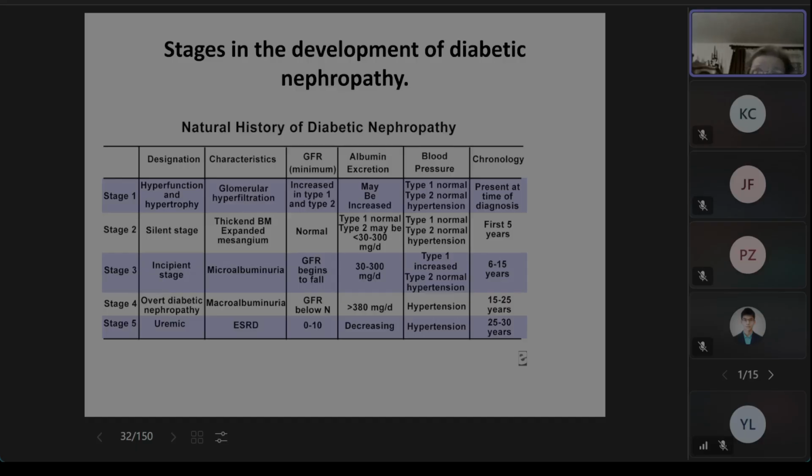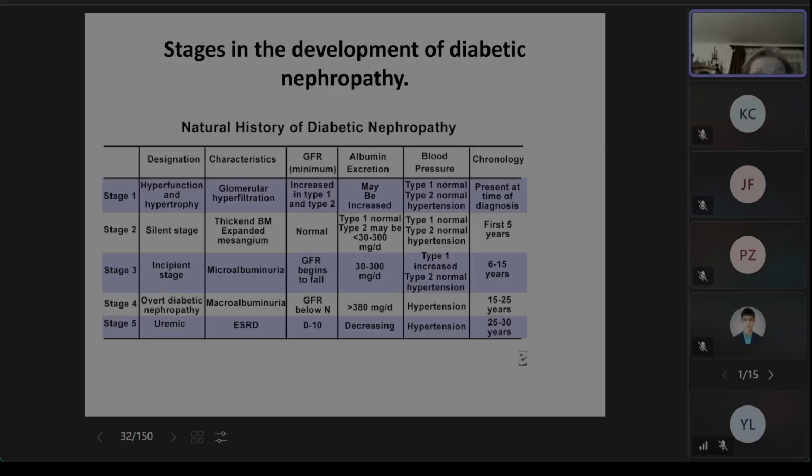Sometimes we can observe albuminuria, but it is microalbuminuria, and this albuminuria is reversible. If you give the patient ACE inhibitors or sartans, you can reverse the microalbuminuria almost completely or even completely, whilst overt proteinuria can't be reversed.